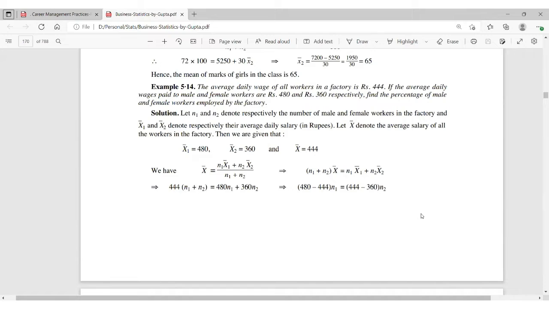So average wage is given. Average wage is 444, right? Now, wages paid to male is rupees 480. Average wage paid to female is 360. Find the percentage of male and female. That means how much percentage of males are there and how much of females are there.